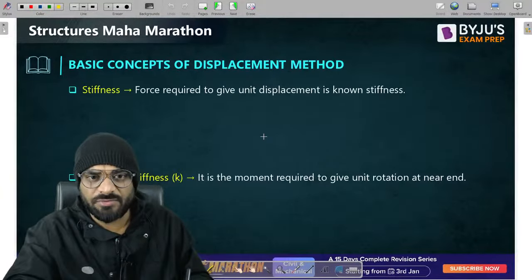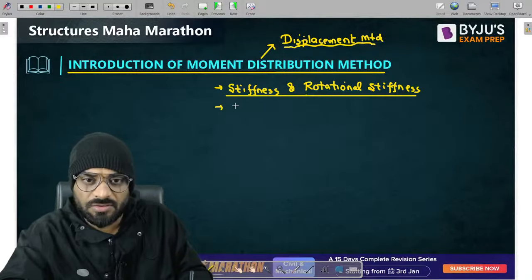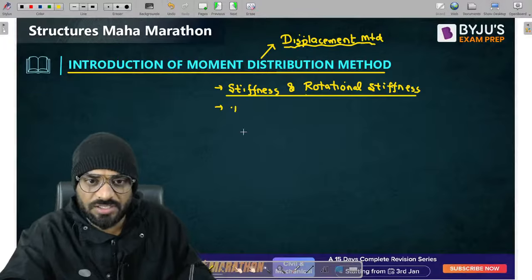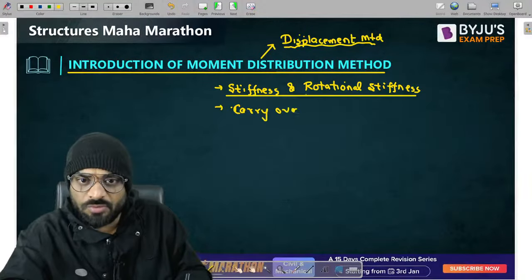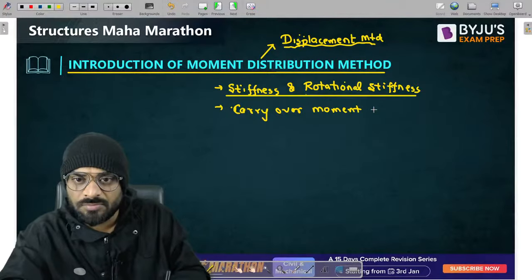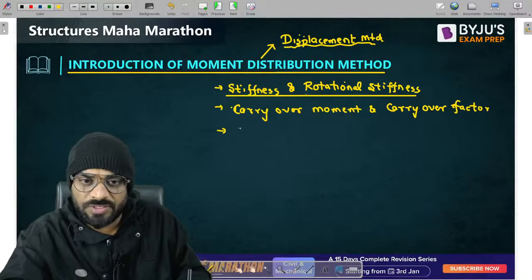Okay, I will write it down first, then we'll see the slides. Then different sway condition and carryover moment, carryover factor. Next one is different sway condition.